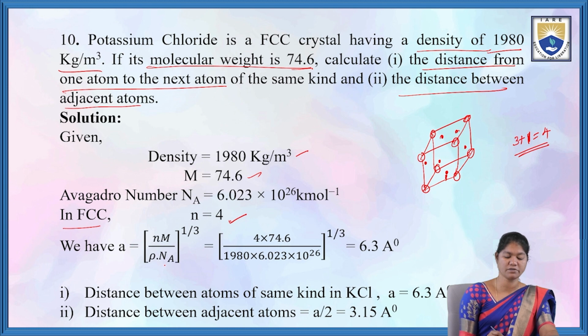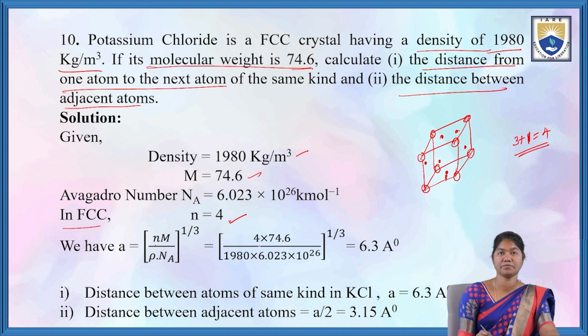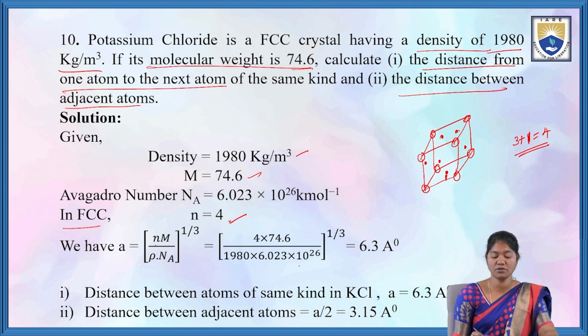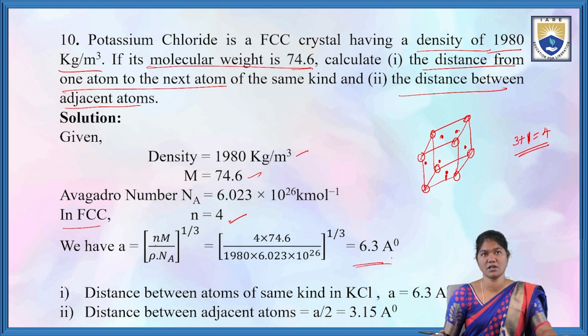We have A equals N M by rho Na, whole power 1 by 3, where N is the number of atoms, 4, and M is the molecular weight, 74.6, divided by the density 1980 into Avogadro's number 6.023 into 10 power 26, whole power 1 by 3. This value becomes 6.3 angstroms, the lattice parameter.